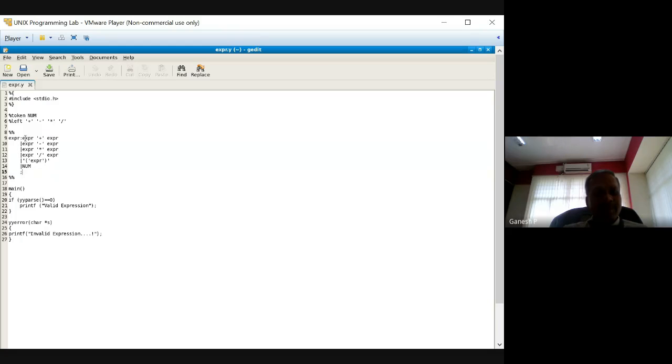So expression can be expression plus expression, or expression minus expression, expression multiplication expression, or expression division expression, or it can also contain the parenthesis, and finally it can be num. So what we observed here earlier is whatever you see on the left hand side is a non-terminal symbol. Hope you remember that. So EXPR is a non-terminal symbol. Here we are not keeping it in angle brackets because it is a program. This program does not support angle brackets. We have kept them while discussing, for you to make sure which is a token and which is a non-token.